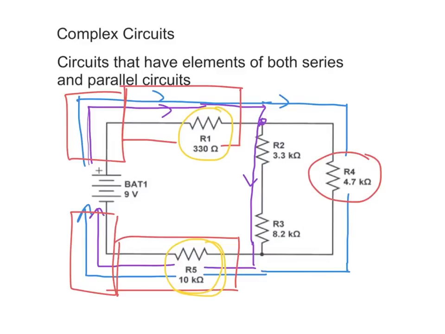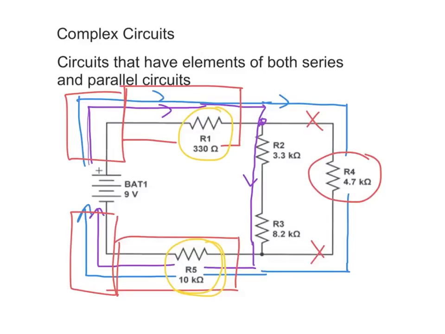So removing R1 or R5, like we said, would make all of them go out. But removing R4 would only make that back branch, this branch over here, disappear. It wouldn't function anymore. So R2 and R3 would still be on because the purple part of the current is still functional.